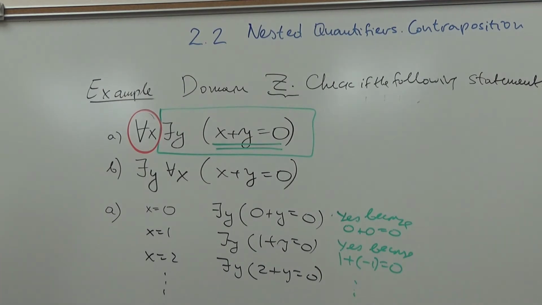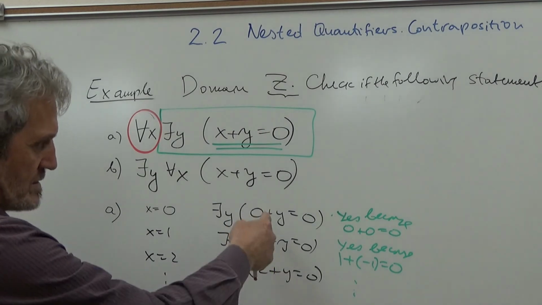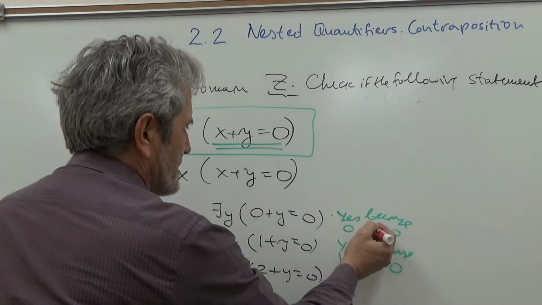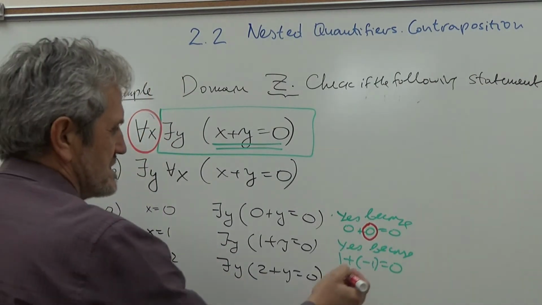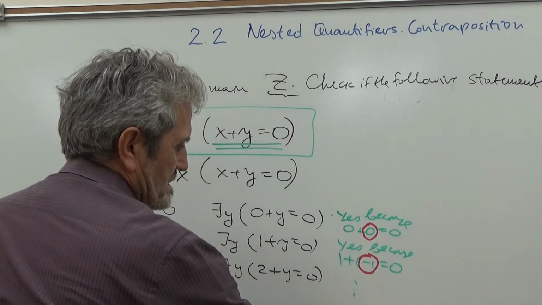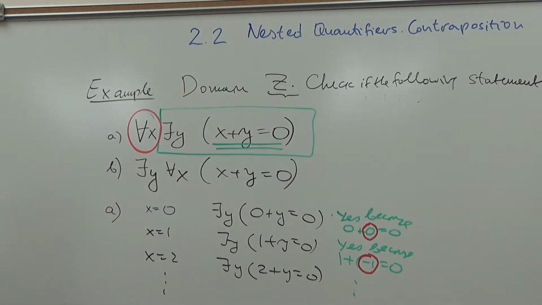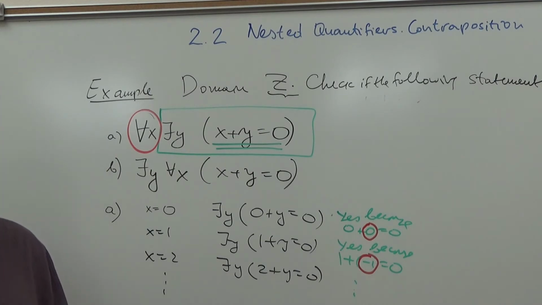All right, let us notice that for each of these existential statements we needed to provide a witness. But when we changed our x, we also changed our witness. In the first line the witness is 0, in the second one the witness is -1, and in this line the witness is 1. So we are allowed to change the witness each time we change x.